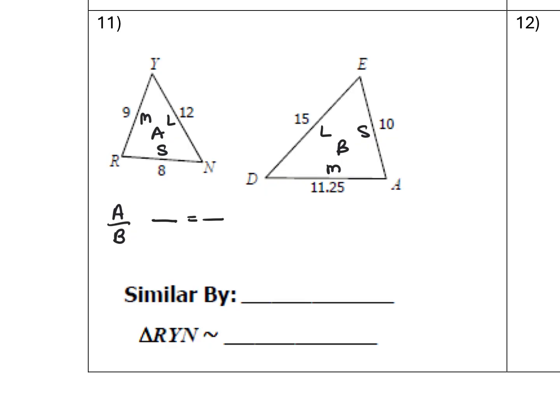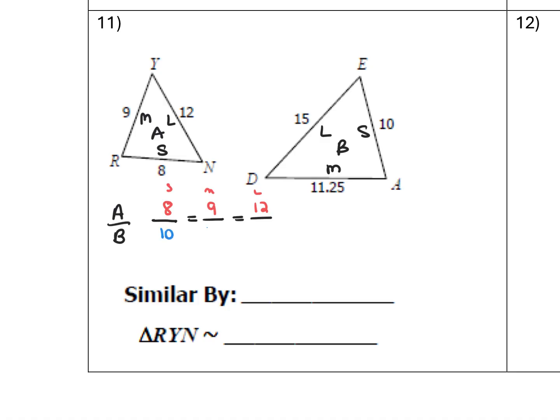So I have three sides. So I'm going to start with my small, and then I'm going to go to my medium and then my large. I'm going to do my small, medium, large for my B.